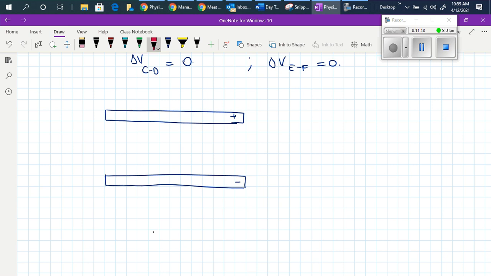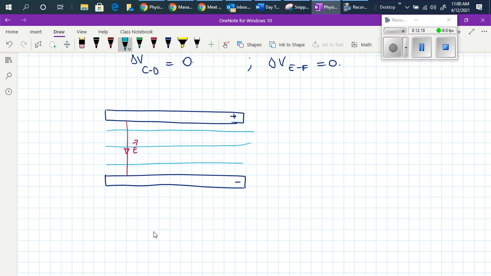The electric field strength between the two will be in this direction, while the lines that have the same voltage, which are known as the equipotential lines, are parallel to the parallel plates.